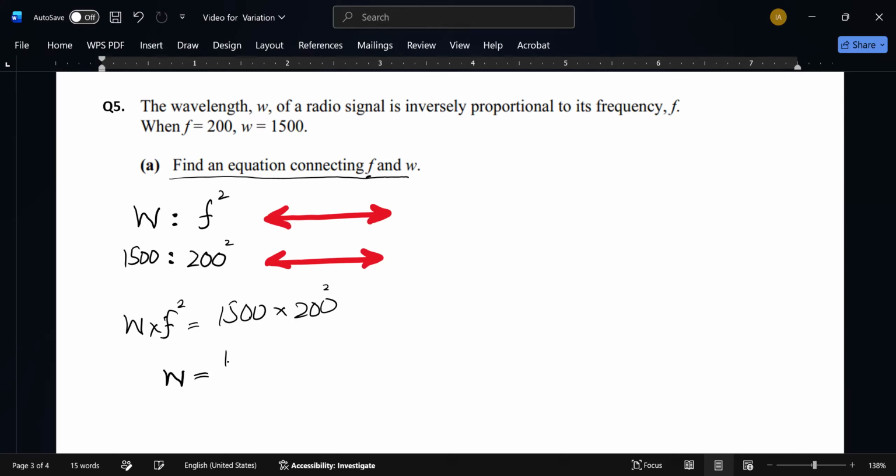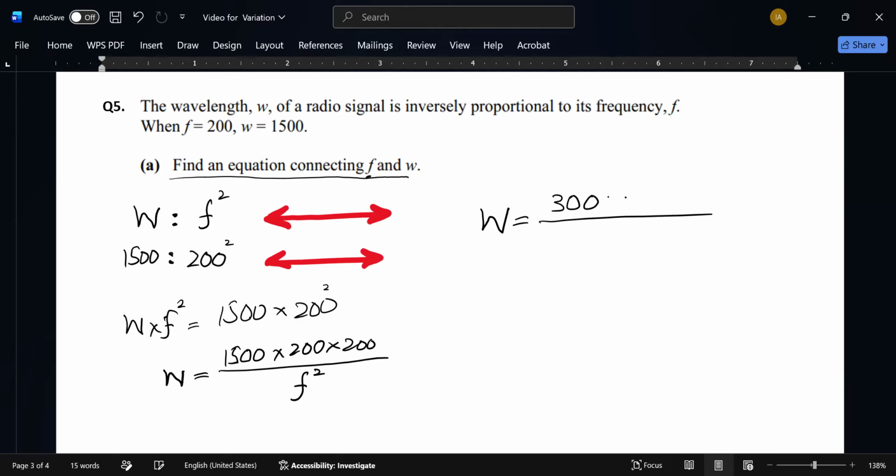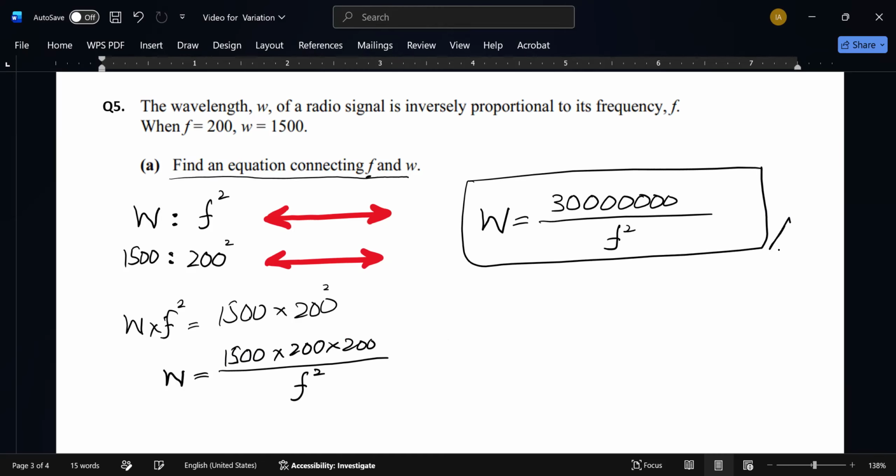So 1500 times 200 times 200 divided by frequency squared, or to simplify it further, this is the equation connecting frequency and the wavelength W. This is what they ask you.